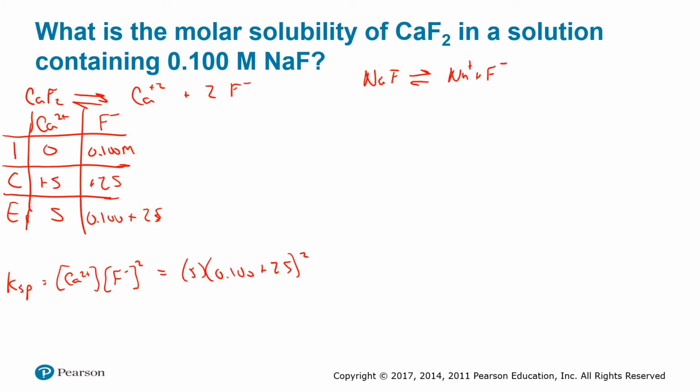And then, like with all ICE tables, anytime we have a variable that's being added or subtracted from a molarity, we just assume it's small enough that it doesn't matter. So ignore the 2S. So we end up with S times 0.100 squared.